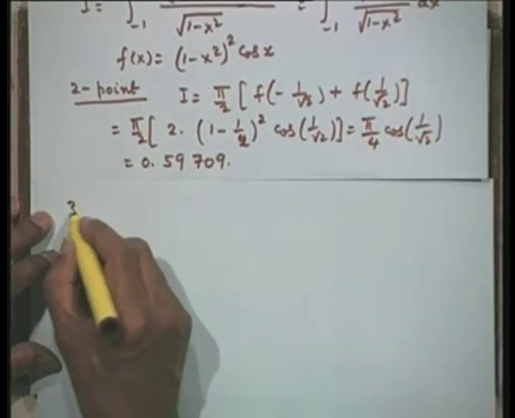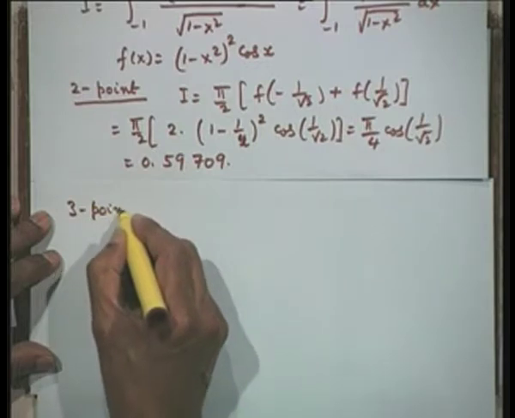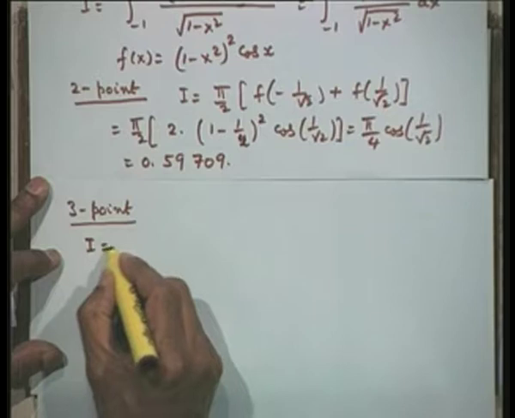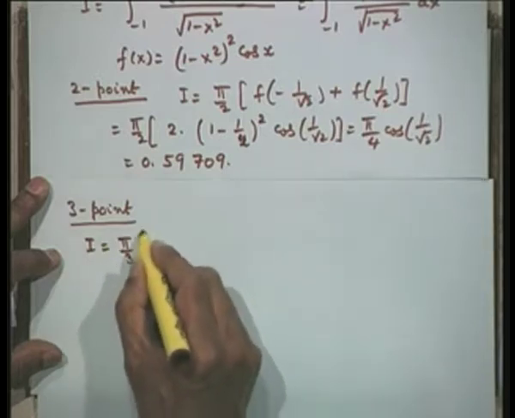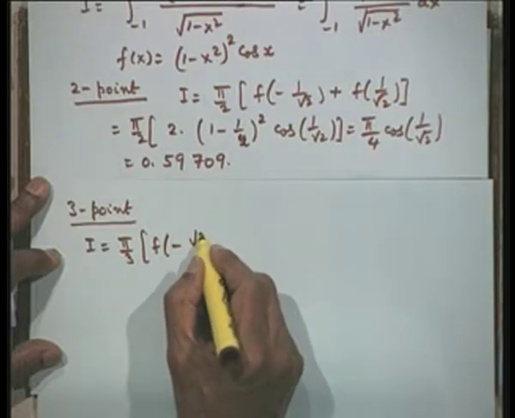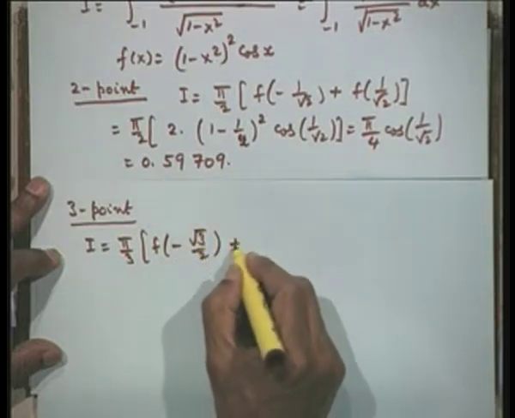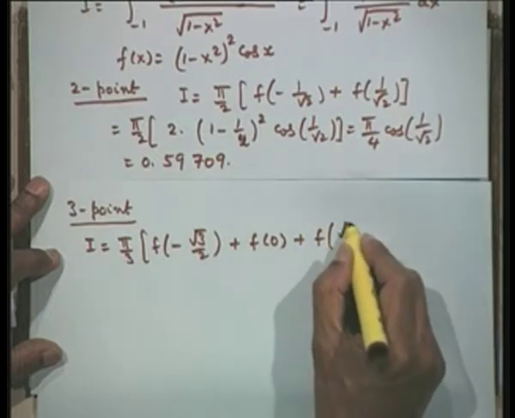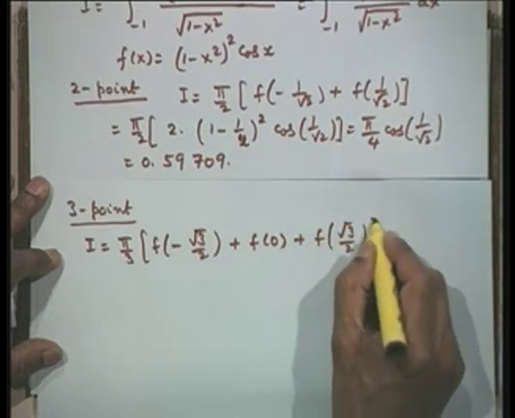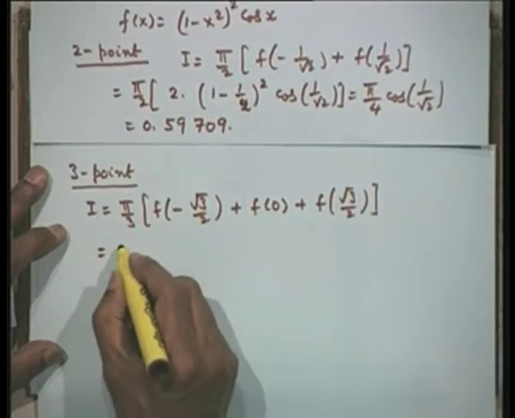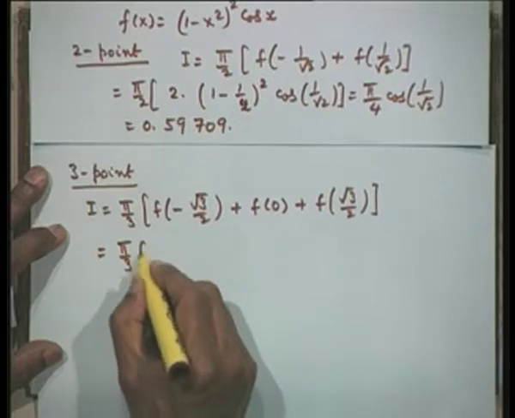Let us now use the 3-point formula. So I can now write this as I is equal to pi by 3 times f of minus root 3 by 2 plus f of 0 plus f of root 3 by 2. Therefore, we can evaluate them.